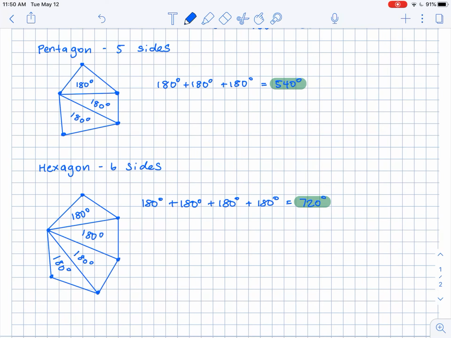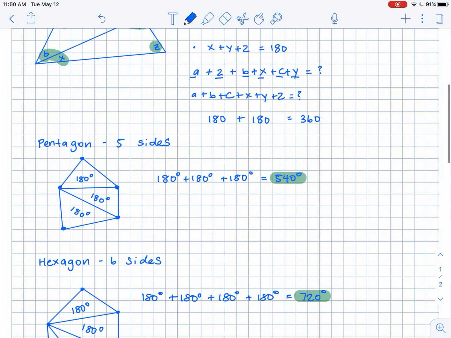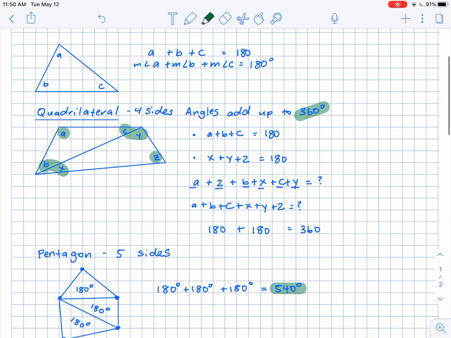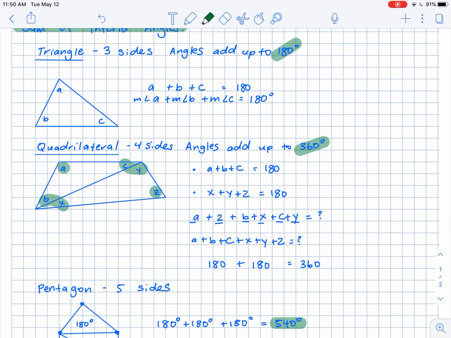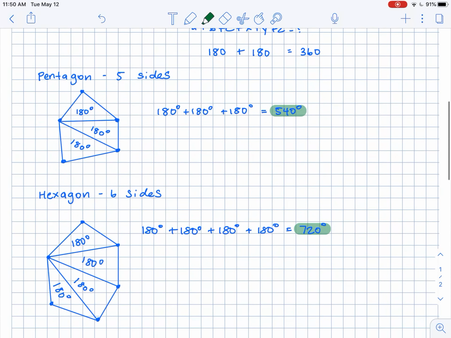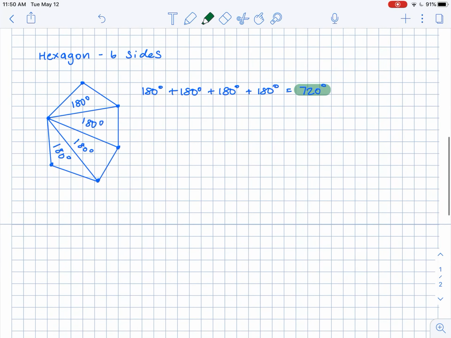Okay. Now, hopefully you noticed each of these angles are increasing by the same amount. Start off with 180, then you have 360, then you have 540, and then you have 720. Each time you add a side, your angle measure increases by 180 degrees.